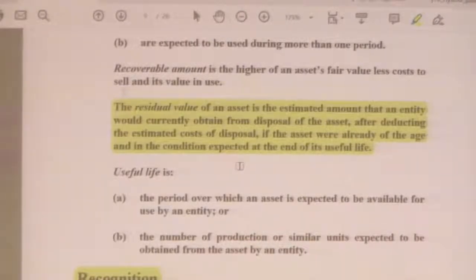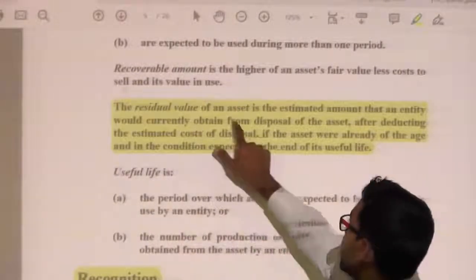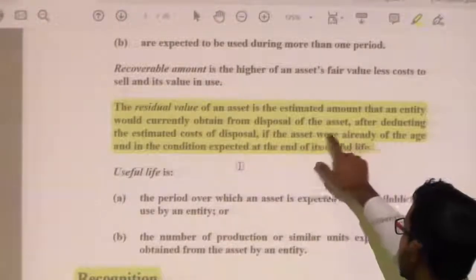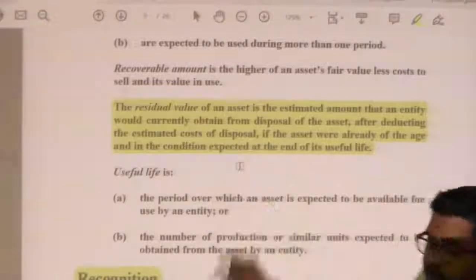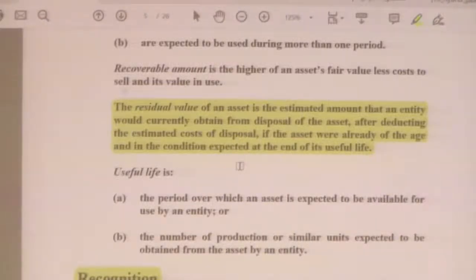Underline the words currently obtain. So residual value means how much you can recover from that asset at the end of the useful life. That is the value currently obtained when you sell in the market, deducting the cost of disposal, which is explained in paragraph 6.